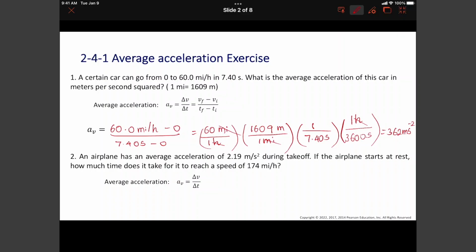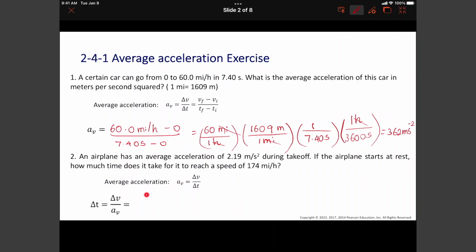So to find delta t, we can isolate delta t from this equation. We take delta t and divide the whole equation by a_av, and then we get delta t is equal to delta v over a_av. Now what is the change in velocity?